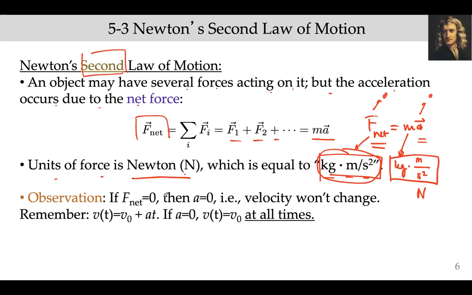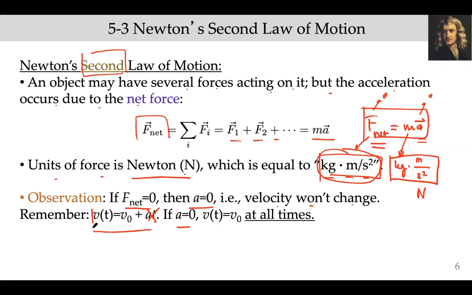Okay, we can do one observation. If F net is zero, then acceleration is zero, because we look at the formula. And that means velocity won't change in that case. So if you remember this kinematics formula, velocity at any time equals initial velocity plus acceleration times t. If acceleration is zero, then this term is gone.